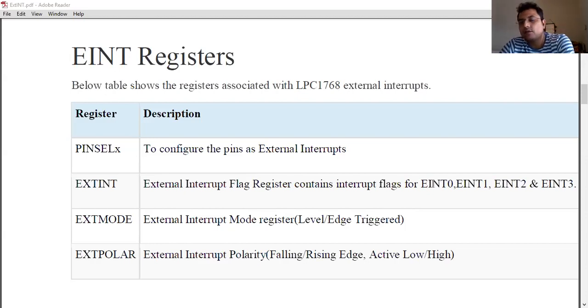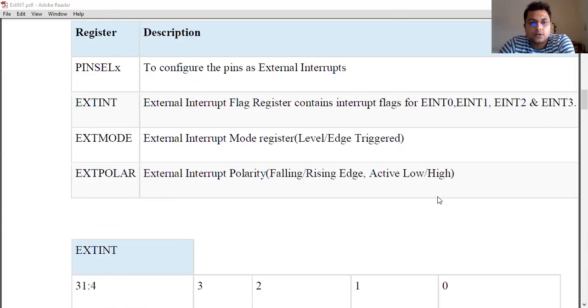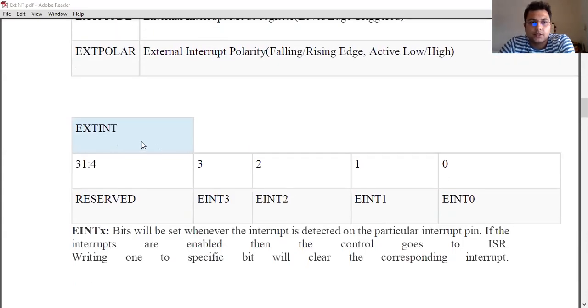So as and when the system acknowledges or registers any interrupt, it will go to these interrupt flags. So these are the external interrupt pins 0 to 3. So 4 external interrupts are possible.